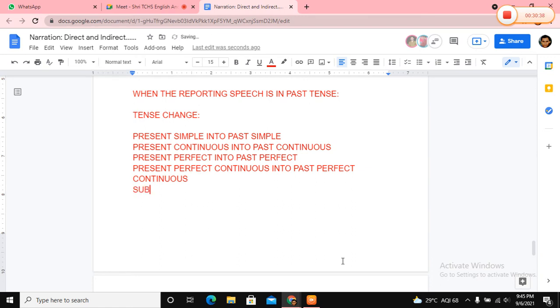Subject plus v1 plus object complement into subject plus v2 plus object complement.